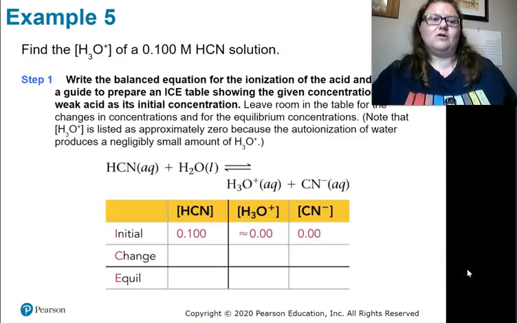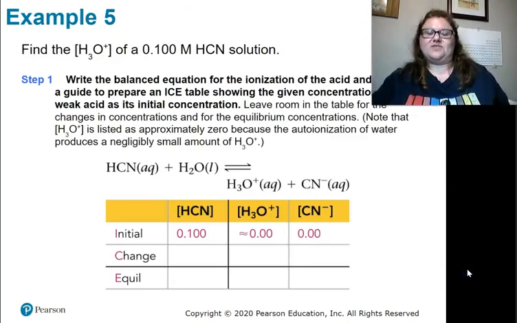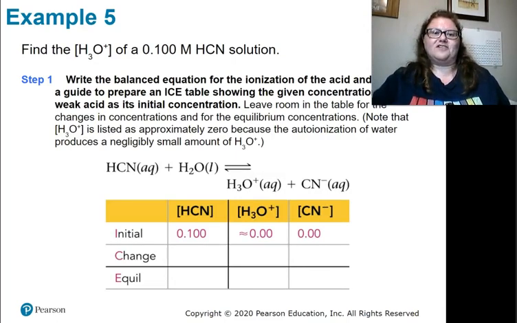So here we're going to show all of those steps in a specific problem. This problem is example 5, and it says, find the hydronium concentration of a 0.100 molar cyanic acid solution. Okay, so first we're going to write the balanced equation. We're dumping it in some water, which is a pure liquid, and then look what's going to happen.